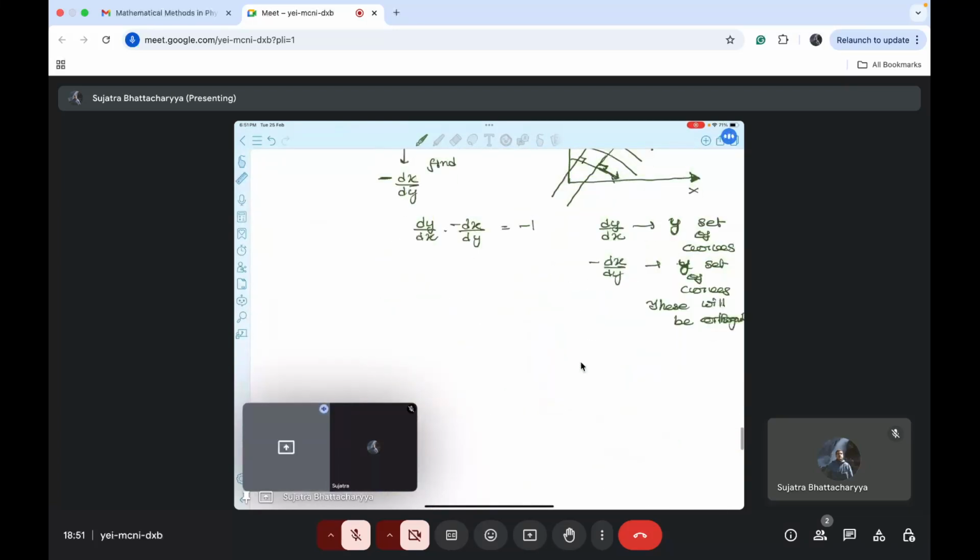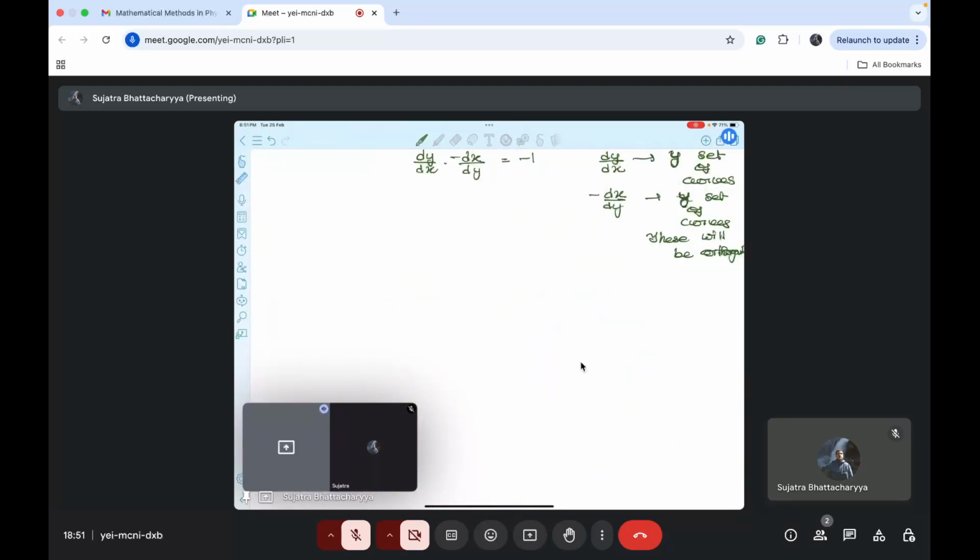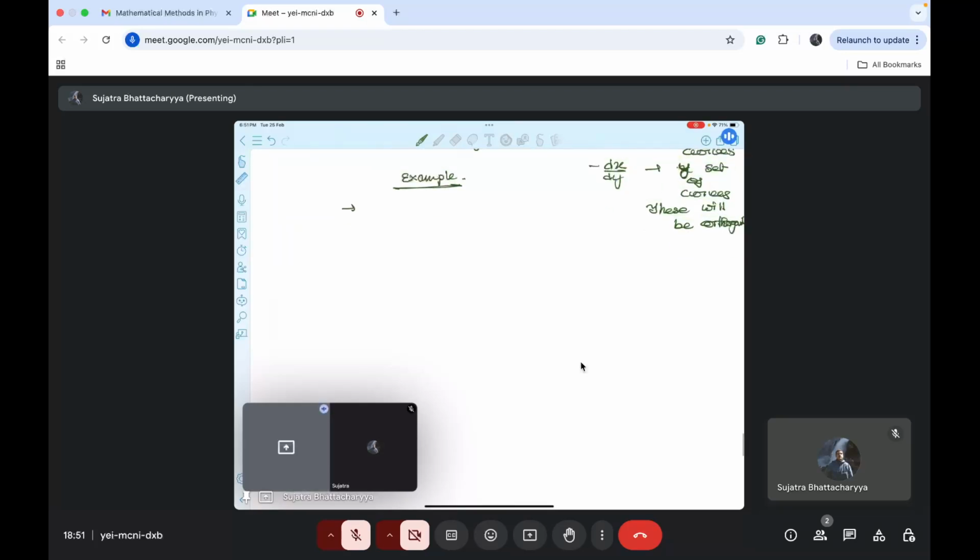All right. So what is the physics behind this? How can we apply it in the physical sense? One is that we all know from school level physics that the path of an electric field vector, or electric field lines, is always perpendicular to the equipotential surface.